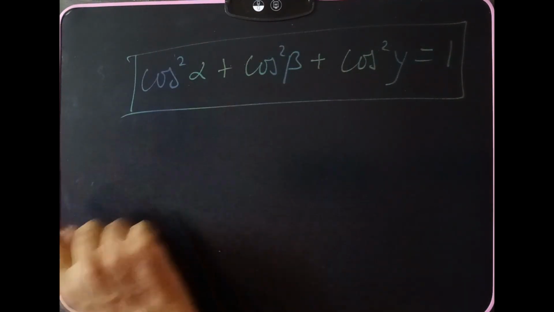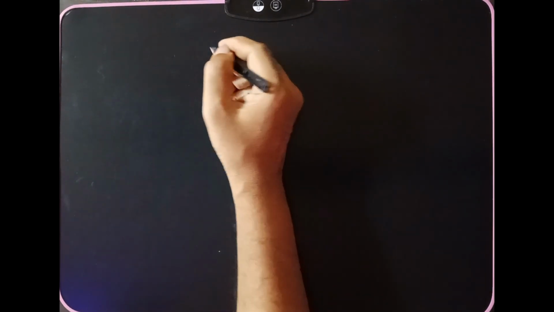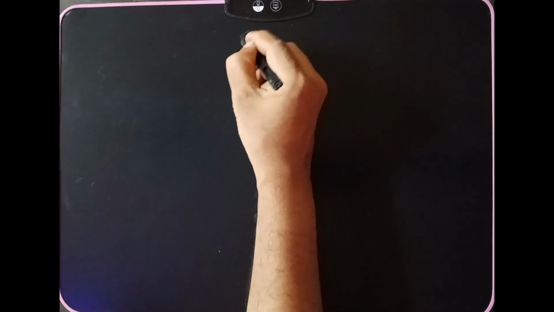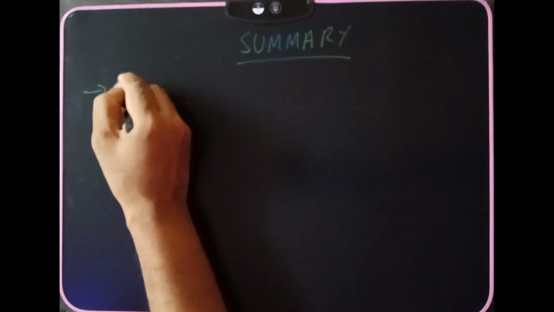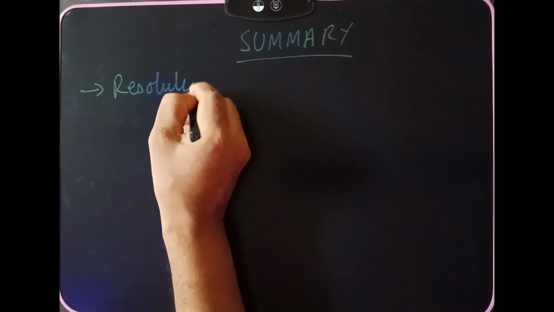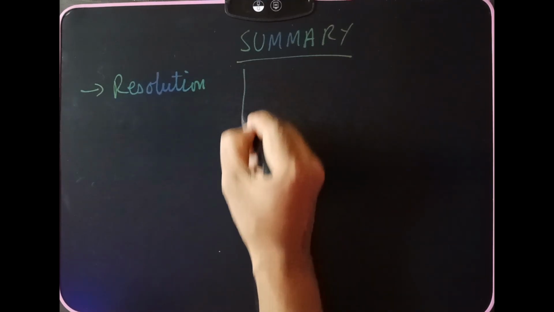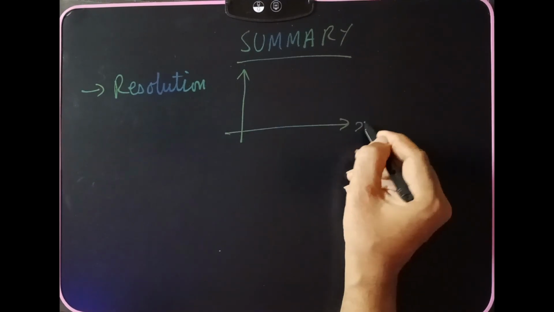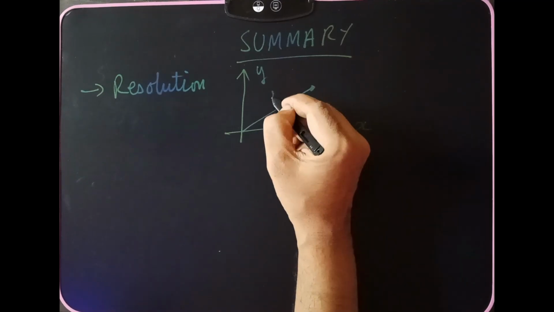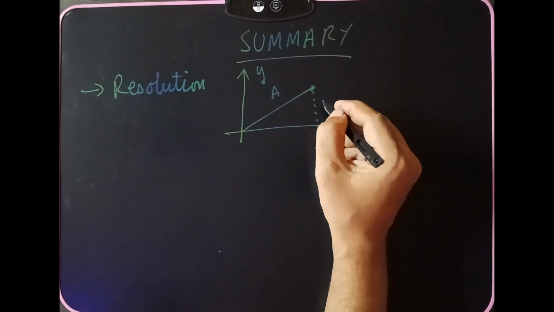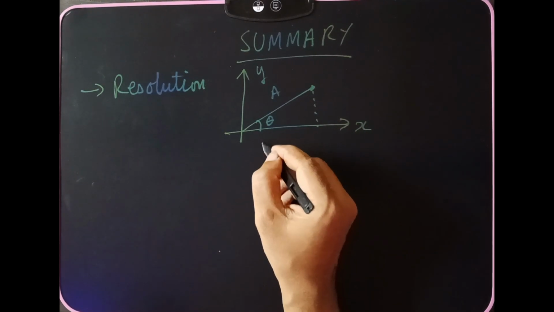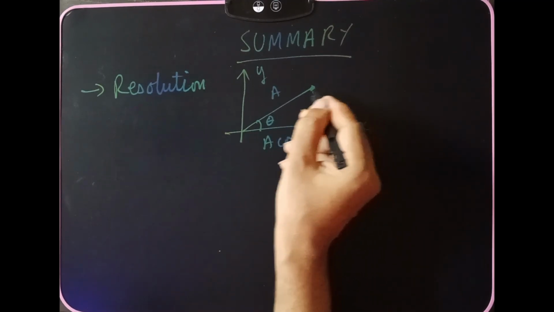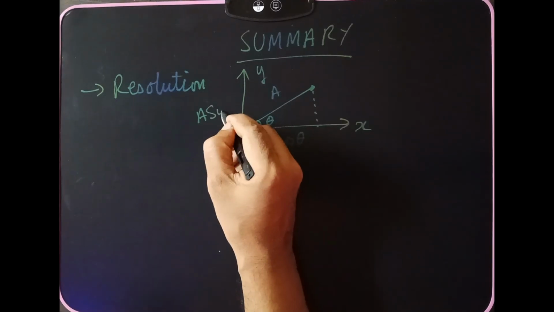So let's summarize what we have seen in this chapter. We have seen resolution of vectors. In 2D, if we have a vector A at an angle theta, then along the x-axis it will be A cos theta, and along the y-axis it will be A sin theta.